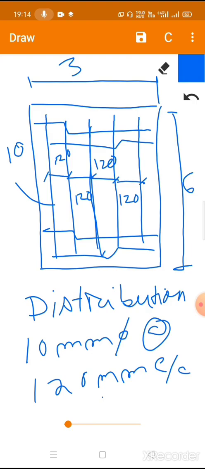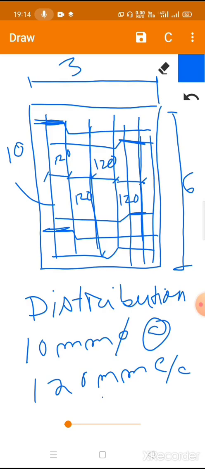Now at the top also, for this cranked-up portion, we provide some distribution bars only for this cranked-up portion. Suppose 3 numbers of distribution bars are provided at the cranked-up portion.